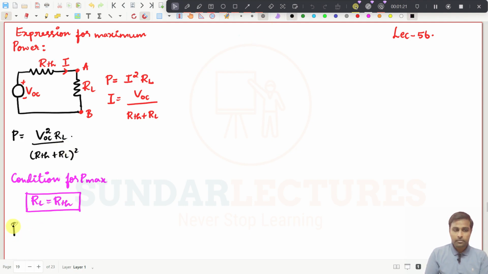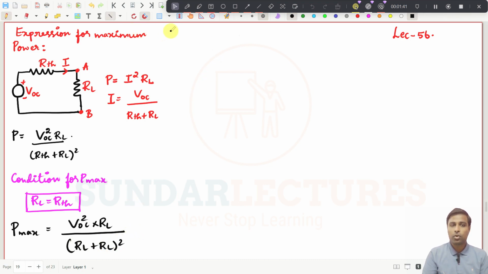See, if you want to get Pmax, what you can do? VOC square into RL divided by, I am just going to change this RTH to RL. This will be RL plus RL the whole square. So now if I further simplify this, what I will get?